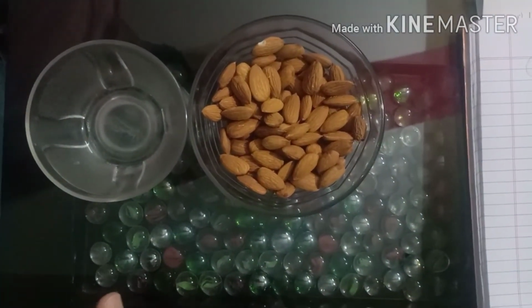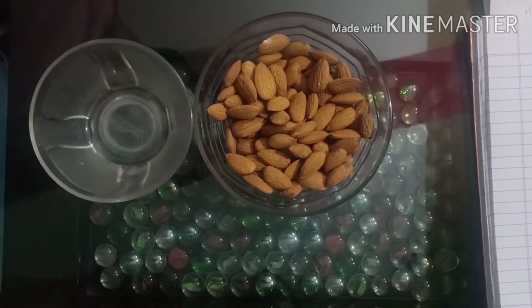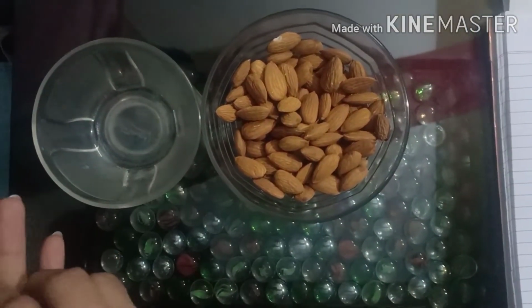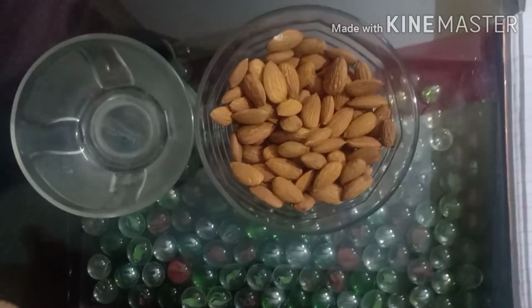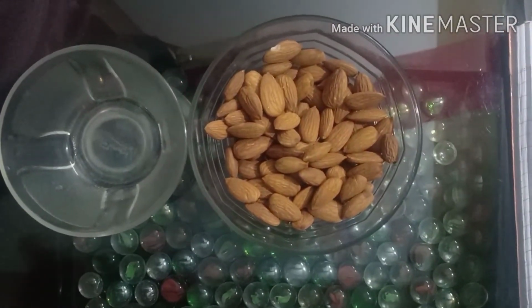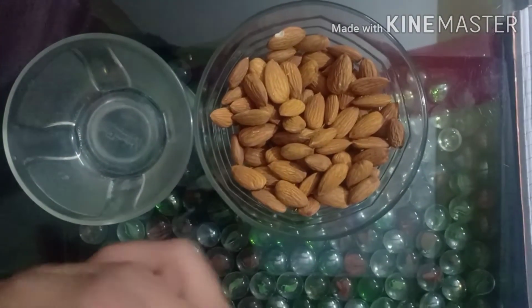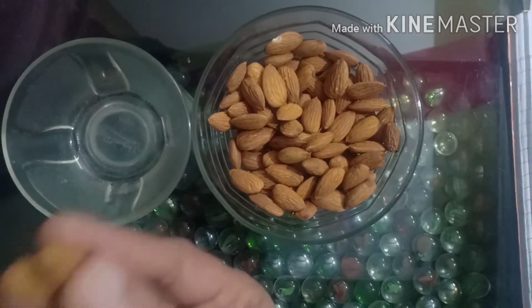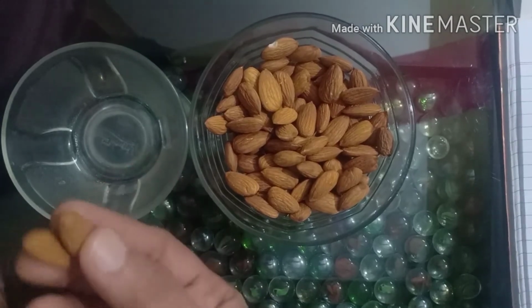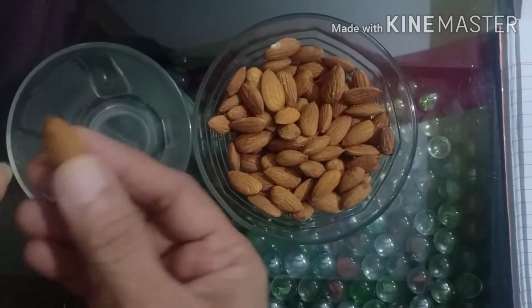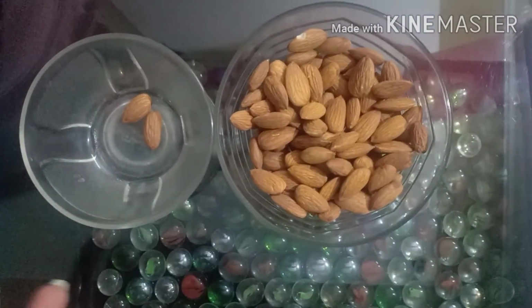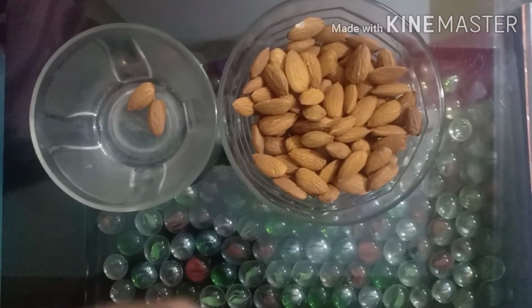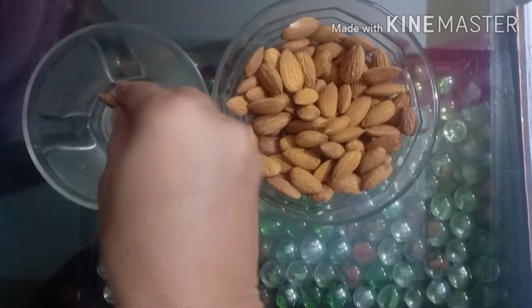One day I told you about the activity, and we also did the chapter. Do you remember? Okay, no matter if you don't remember. You will see and then you will understand. What am I doing? I am putting the almonds in pairs. This is one pair. This is another pair.